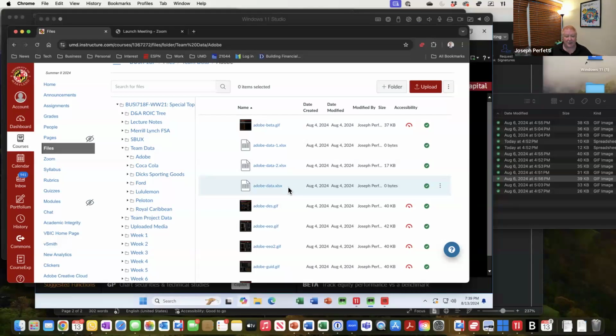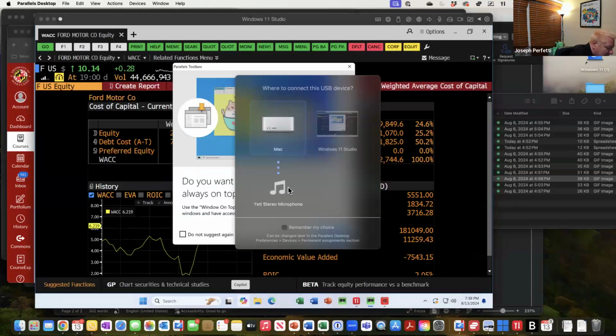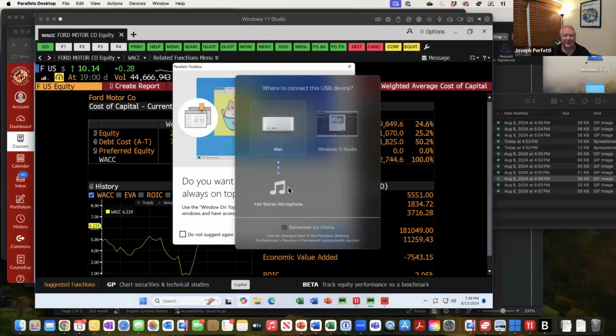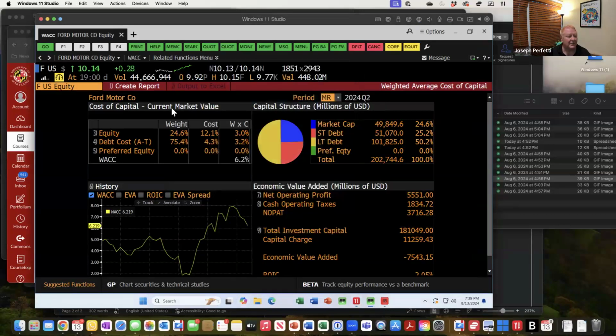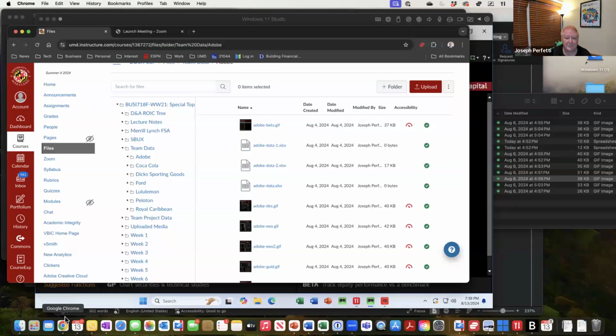But here's the thing. Let's say you're doing Adobe, because you're doing evaluation and as is, that valuation really needs to be at the same time as the multiples.